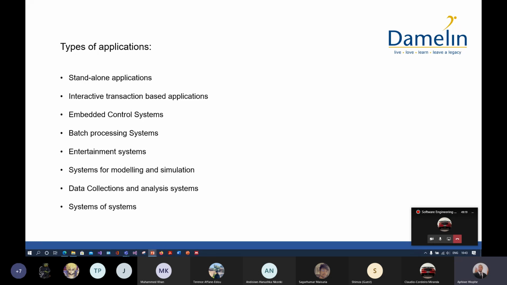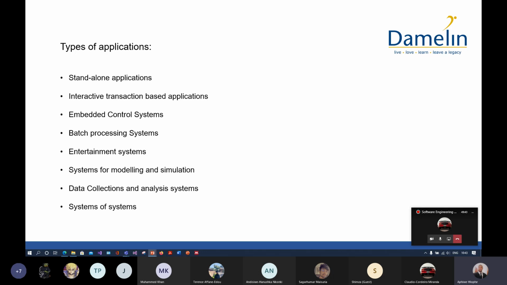What are some of the types of applications that we find? We have standalone applications. When we talk about standalone applications, these applications don't require any form of network connections in order to operate.